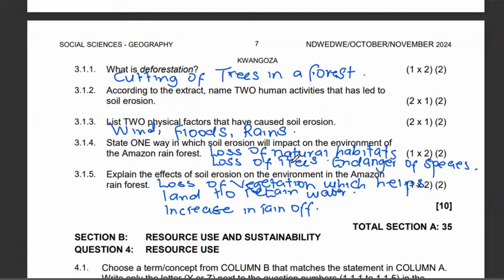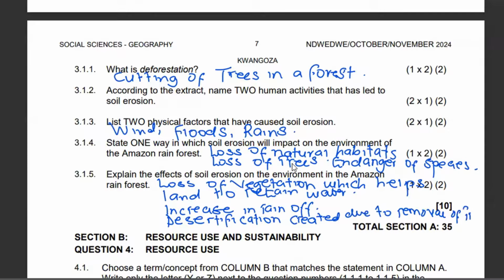There will be desertification created due to removal of trees.